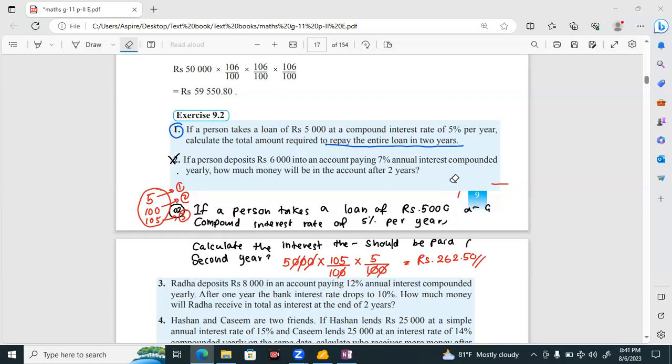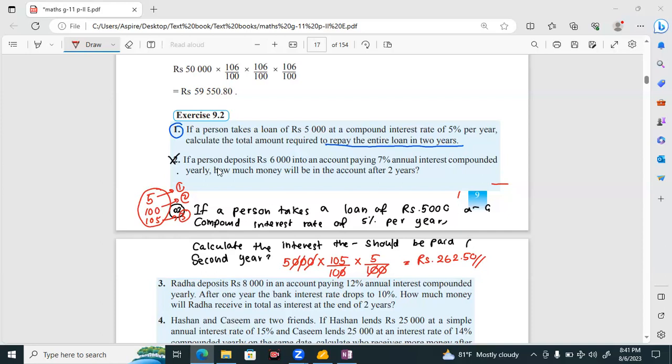Okay, please send your answers. Send the answers you took for the second one. Teacher, how much money will be in the account?